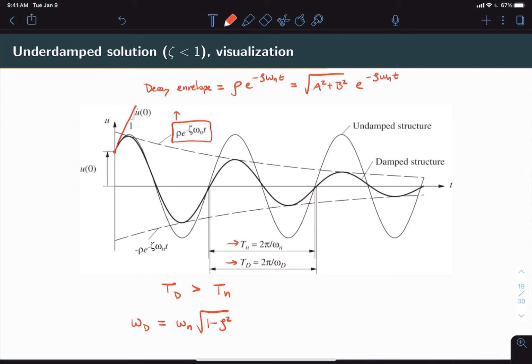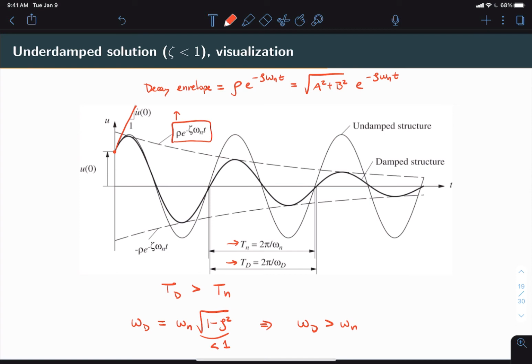And we know this term is always less than 1, right? Because zeta is always less than 1. And so we know then that omega d will always be greater than omega n.